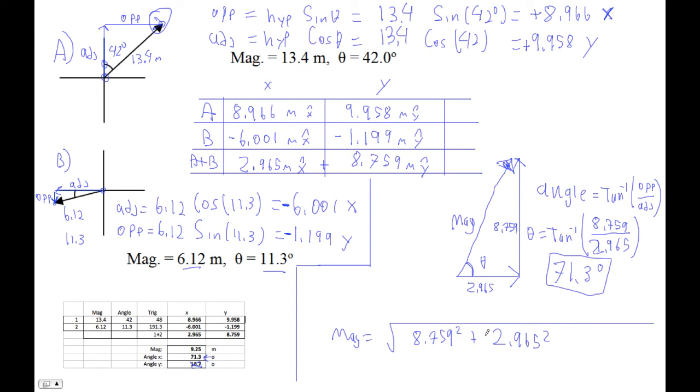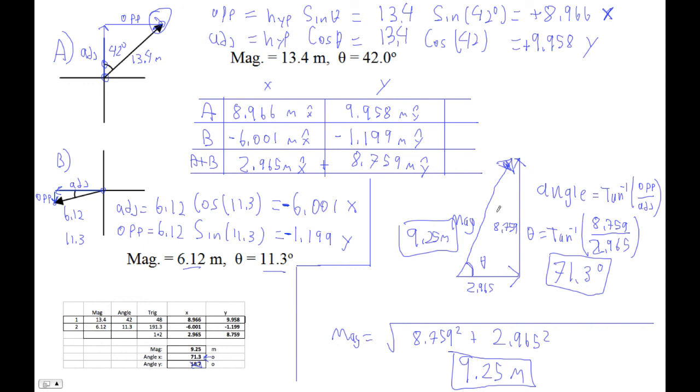If it doesn't put a square root over your numbers, you have to put parenthesis and then an end parenthesis. I'm getting 9.25 as my magnitude, right? So this is my final answer. This is 9.25 meters at an angle of 71.3. That angle there is 71.3 degrees above the x-axis.